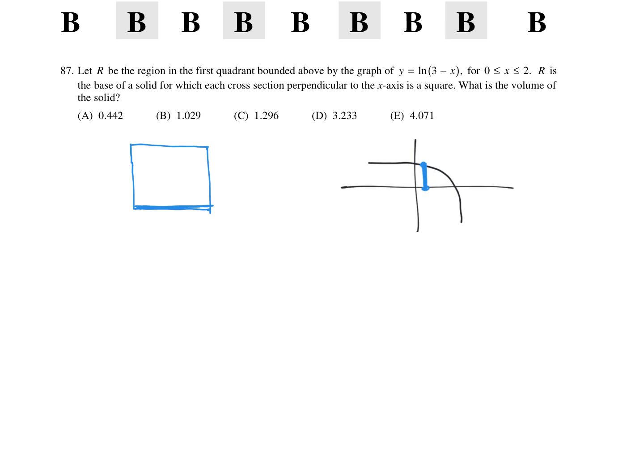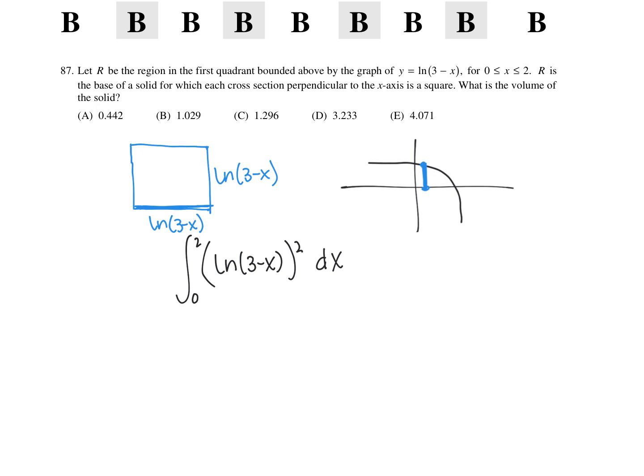So this base right here would be the natural log of 3 minus x. To find the volume, we'd need to find the area, which would be the natural log of 3 minus x as well, because it's a square. Therefore, the area here would be the natural log of 3 minus x squared dx, and it's the integral from 0 to 2.